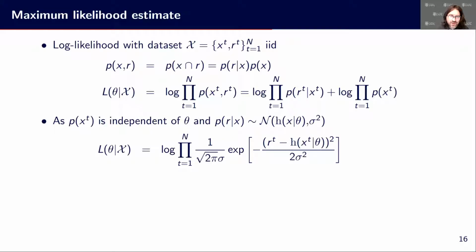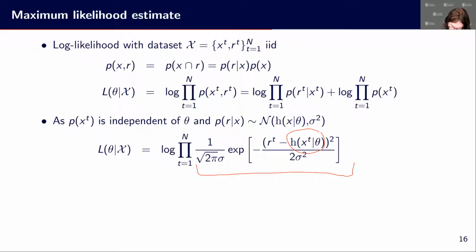So we say that p of rt given x, the likelihood of r given x, is a normal distribution with a mean corresponding to the h and with a standard deviation corresponding to the noise level. And so here we have something like this. We are expanding this with the log of the product of, this is the usual Gaussian distribution equation, where we replace the mu with the h of xt given theta.